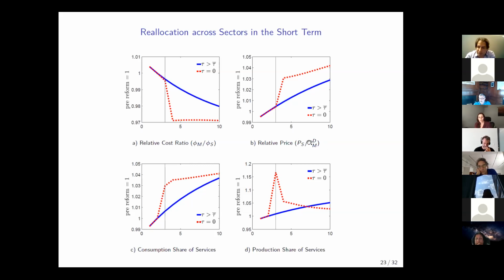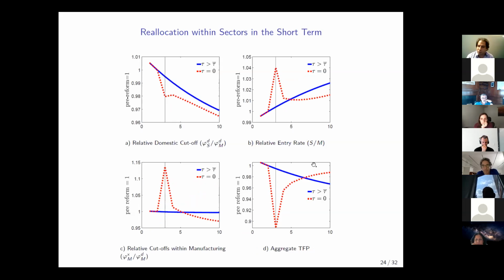But right after that, exporters start seeing a boost in their demand because you need to start paying the interest on the debt, and for that you need to export. So the boost on impact is going to favor services a lot. But then, as time goes by, the economy is going to start moving back to manufacturing because it needs to export. And this is what I was telling you, that the short run, the medium run, and the long run effects are going to be very different in this model.